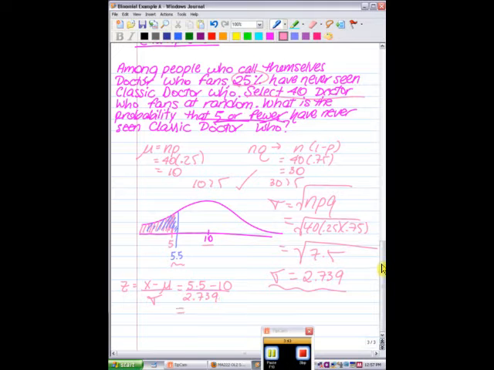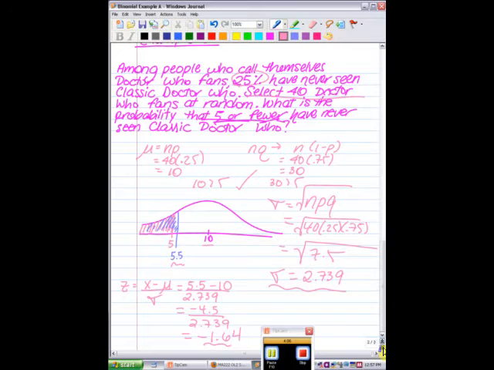Let's see. 5.5 minus 10 is negative 4.5. Then we divide by 2.739. That gives us a z of, and do this on your calculator, negative 1.64. Okay, so that's the z-score.